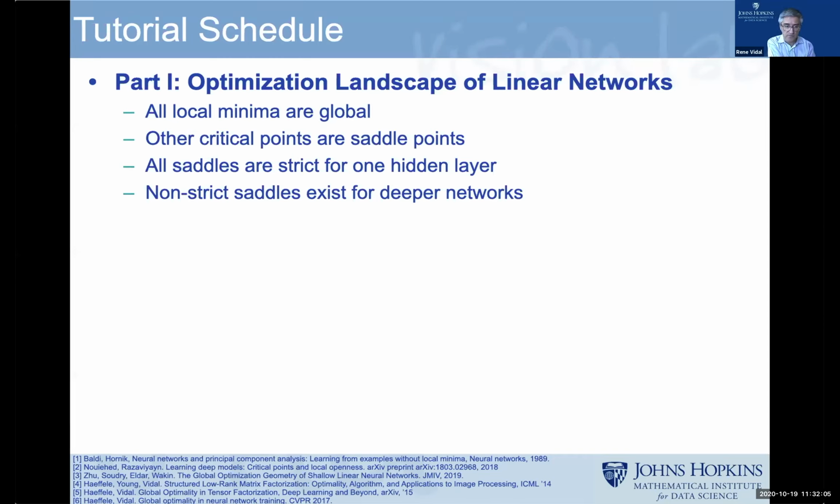In the case of a neural network with a single hidden layer, all of those saddle points are strict saddles, which facilitates optimization. But in the case of deeper networks, there may exist non-strict saddles.